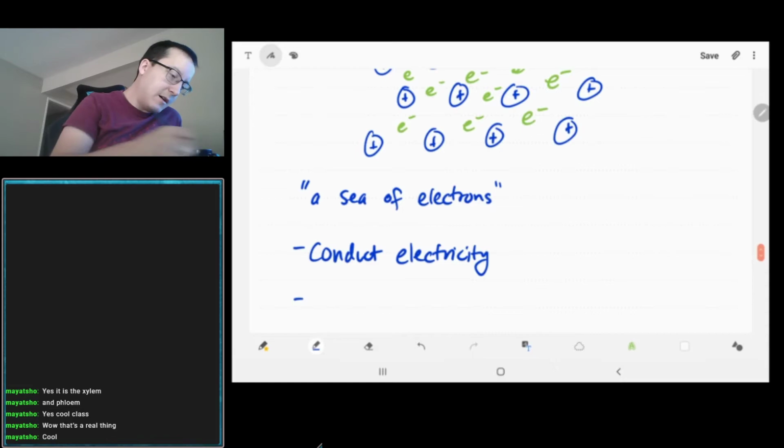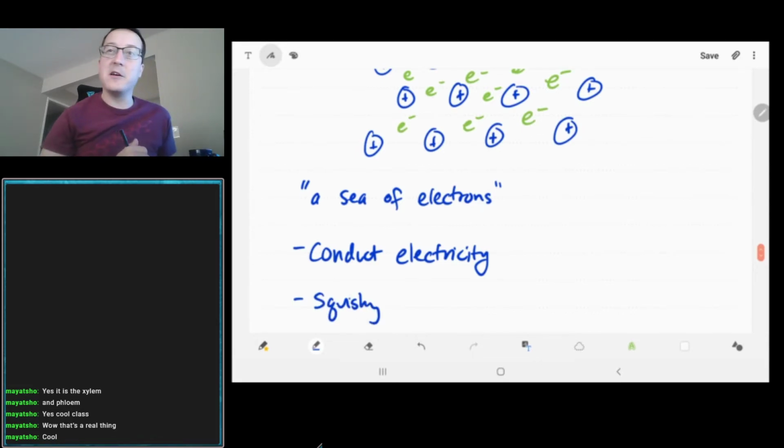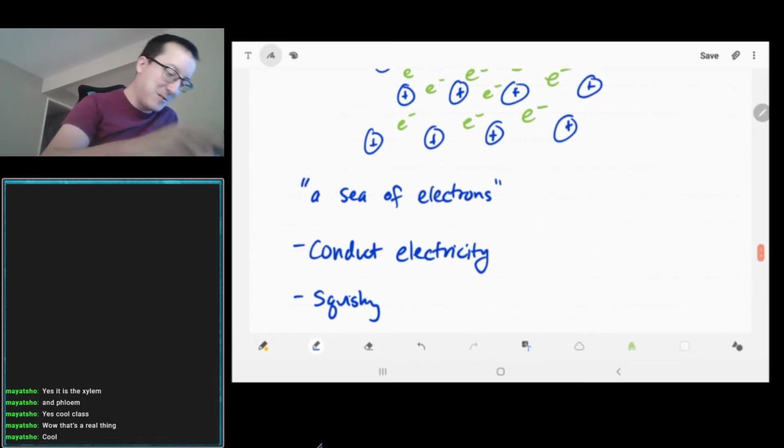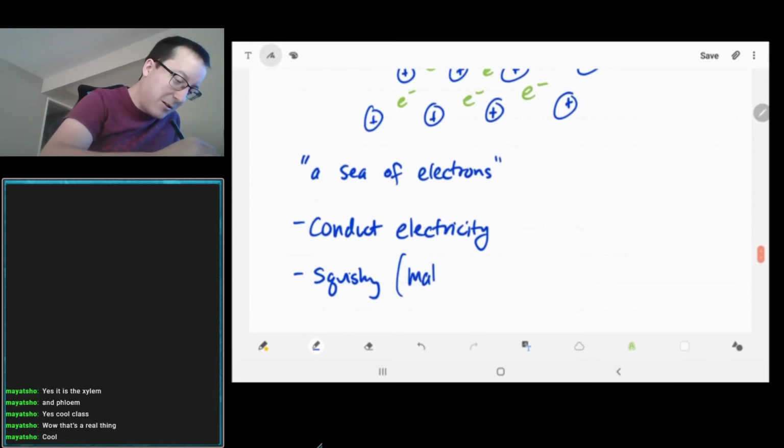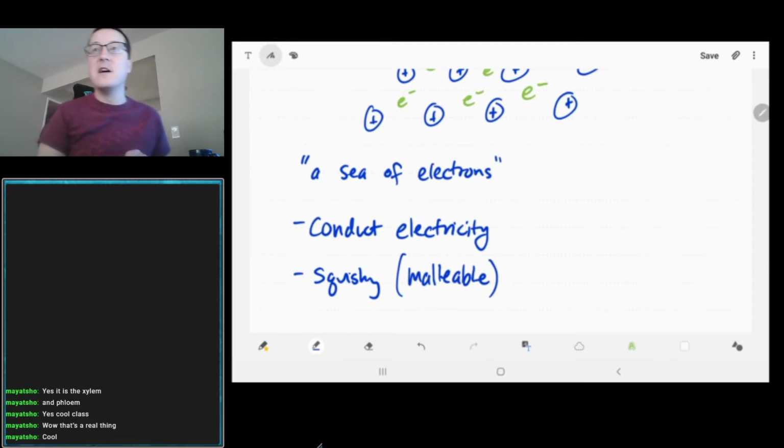These ones are squishy, is going to be our layman's term, but we would call it malleable in formal terms. That means we can flatten them out really easily. If we strike a metal with a hammer, it's just going to deform itself. It'll flatten out instead of shattering.